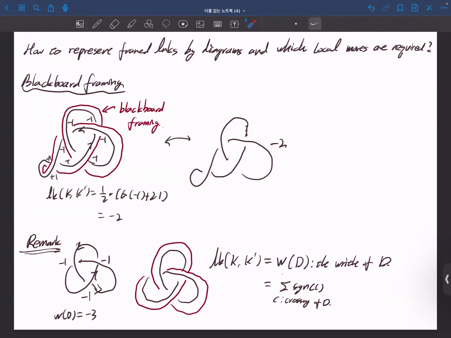And if you calculate the linking number between those two things, then you can find this is actually -3.